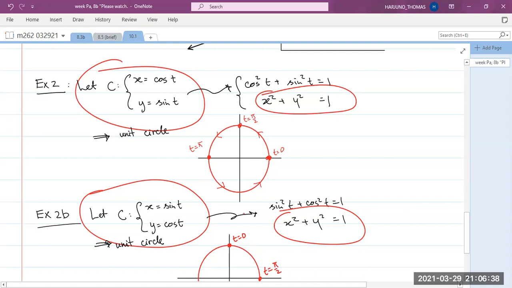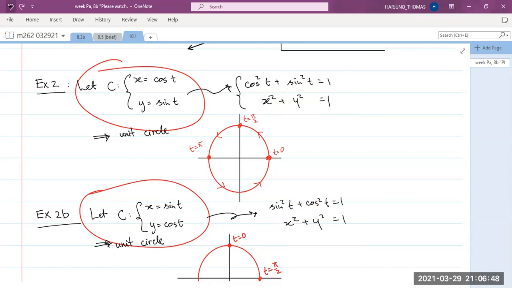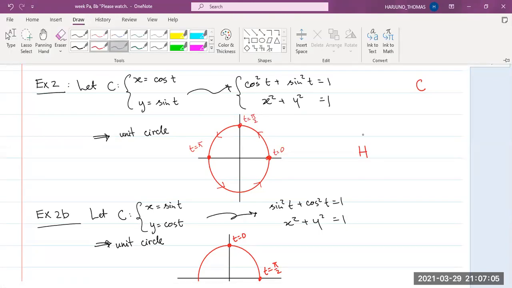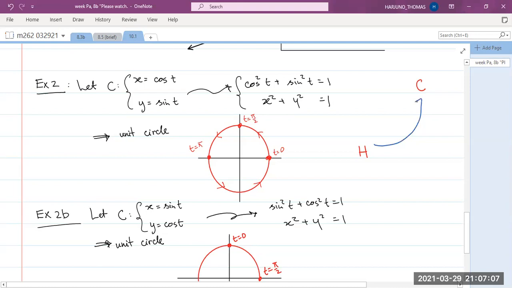Now, what's the difference? The difference is that at different times they have different positions. Now, in calculus 3, you may have the same graph. Like, let's say this is my home and this is my church, and the path to my church is this way.